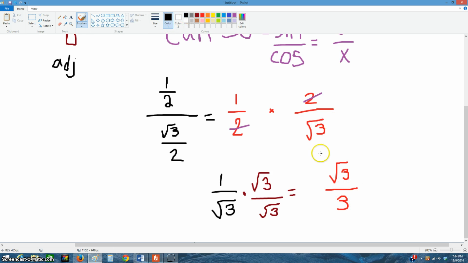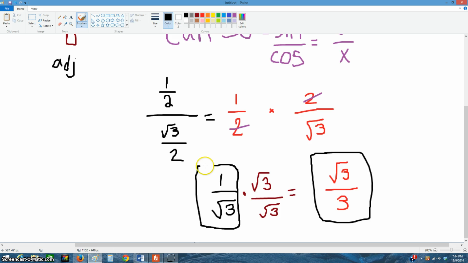Okay, so remember, your test might actually have the nice version of 1 over square root of 3, but both are equivalent answers. They are the same thing, except one is the nice version, the other one isn't. Okay, so that's number 4. Let's move on to number 5.